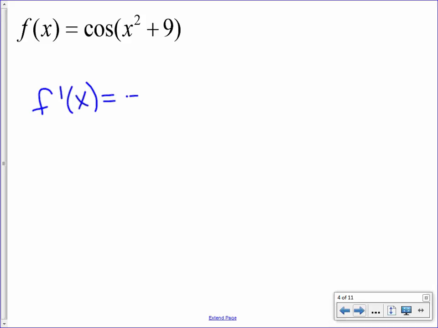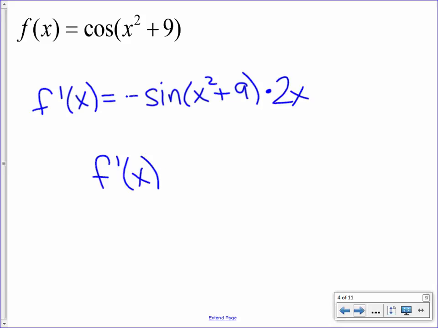Negative sine, leaving the inside function alone. It still has to be in that derivative. Then we can multiply by the derivative of the inside, which is what? 2x. So I would probably rewrite this to negative 2x sine of x squared plus 9.